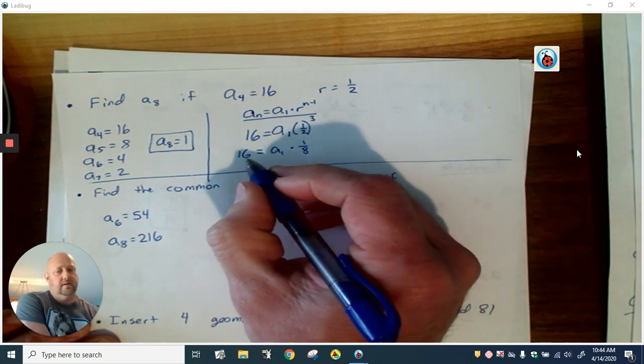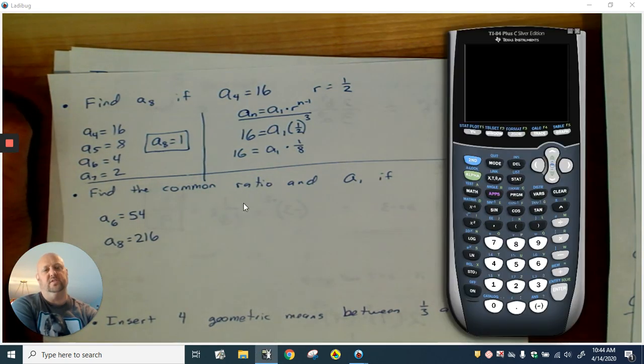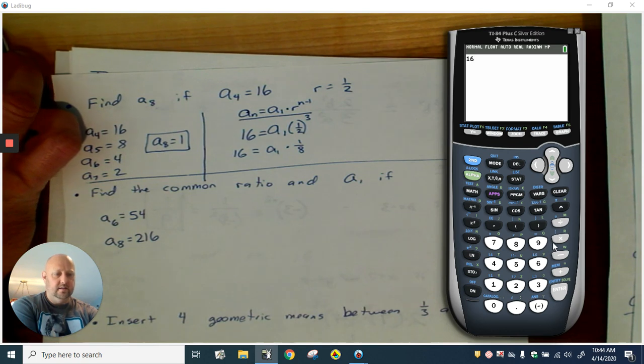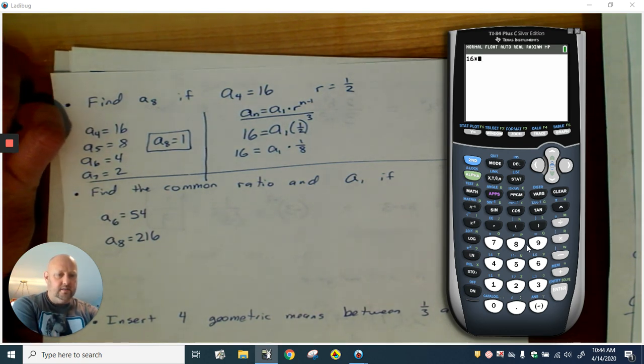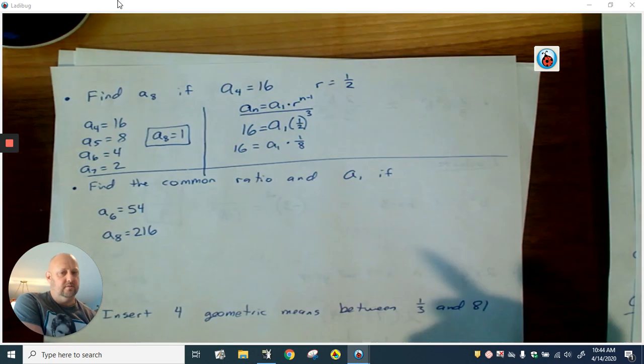I could multiply by the reciprocal. I'm going to cheat here because, 16, 32, 64. It should be 128, I'm pretty sure, but just to double check, 16 times 8. Yep, I was right. Okay, so 128.